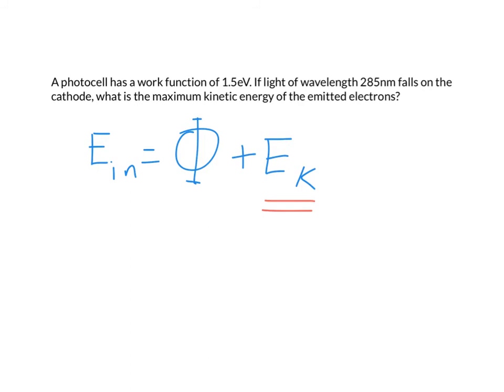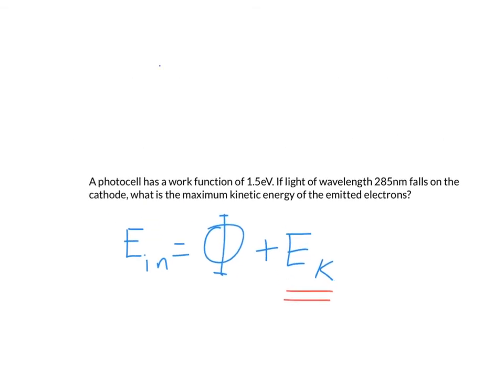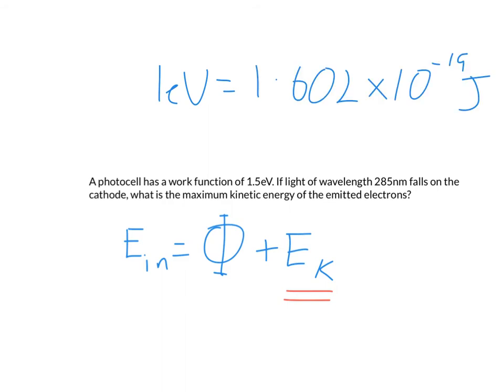So a good place to go will be our table of constants on page 46 of the log tables. This tells us that 1 electron volt is equal to 1.602 by 10 to the power of -19 joules. So if we want to find out what 1.5 electron volts would be, we'll multiply both sides here by 1.5.